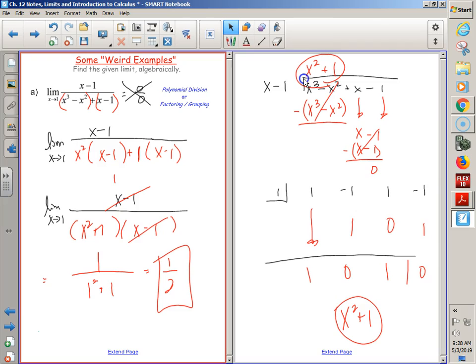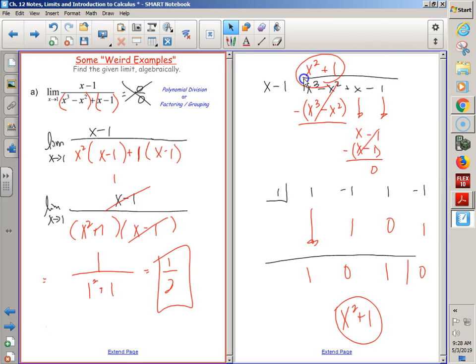No. I took the bigger guy and I said, hey, do you go in evenly? And I already knew it was going to go in evenly because of the 0 over 0. There was a shared factor, so I knew this guy went in. And how many times does this go in? X squared plus 1. Isn't that what you end up with here? Or I could have done synthetic and said, I know that you go into him. How many times? X squared plus 1. Or grouping worked this time.